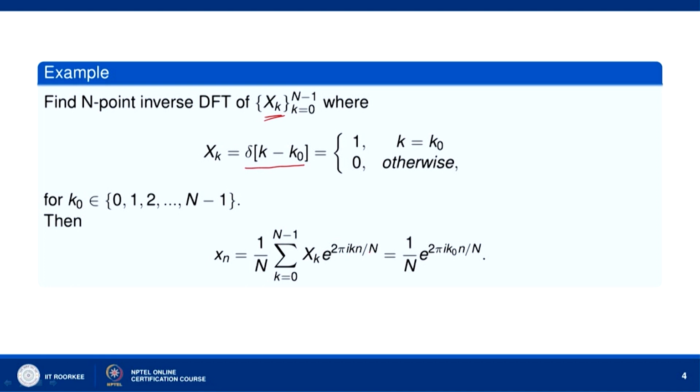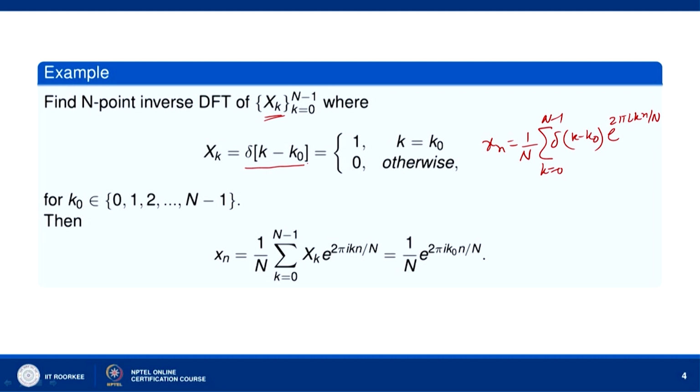So, here when you put the value of x k, x n will be equal to 1 over n sigma k equal to 0 to n minus 1 delta k minus k naught e to the power 2 pi I k n by n.